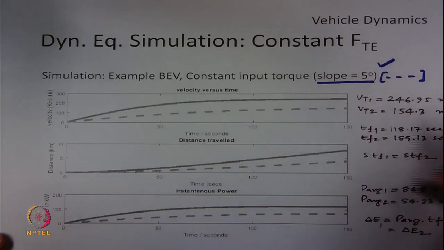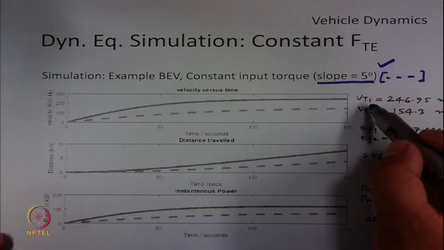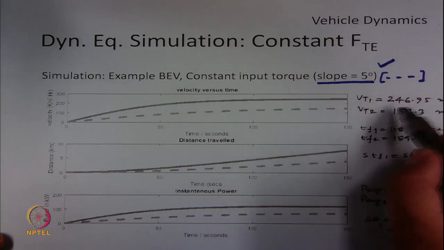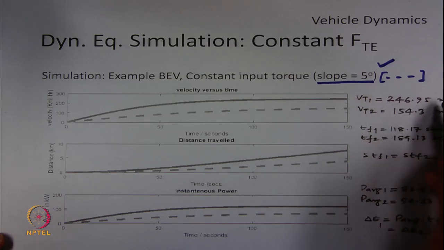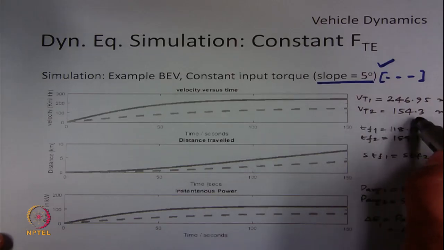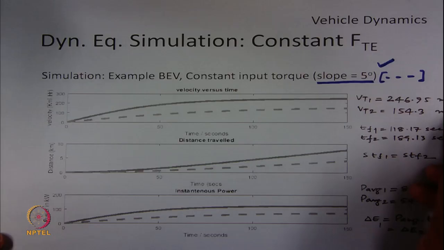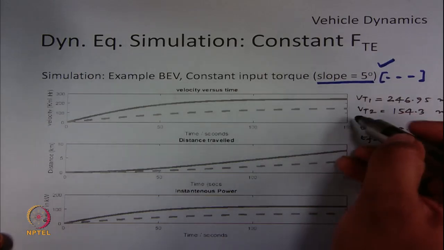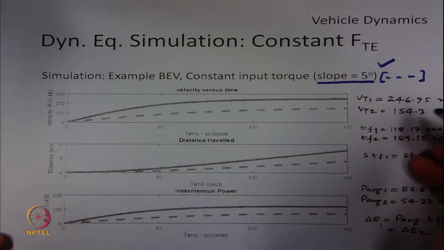If we see the Vt1, the terminal velocity for case 1 is 246.95, as we have seen. The terminal velocity for the second case is 154.3 meter per second, so the terminal velocity is reduced in this case.